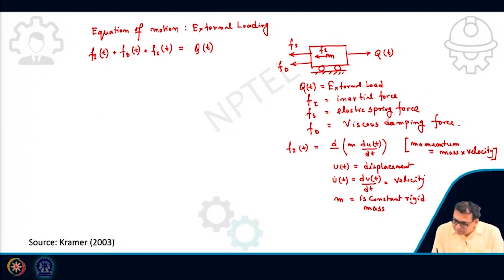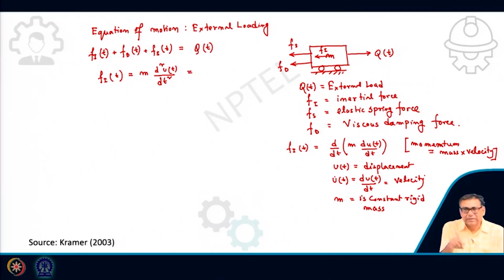Rate of change will be d/dt. So finally I can write that Fi(t) will be equal to mass into d square u/dt square, because mass is constant and not changing. That is d/dt into du/dt, which is nothing but the acceleration.